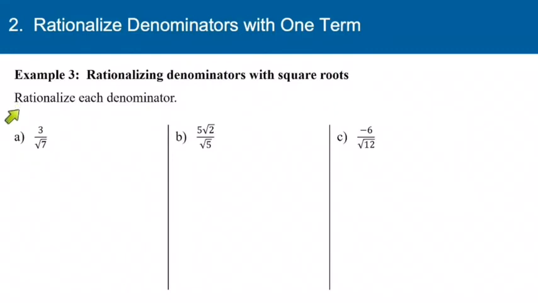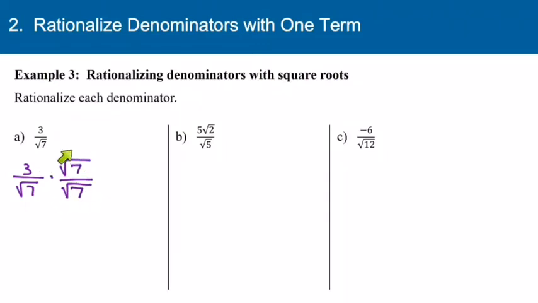So in example 3, it says rationalize each denominator. Remember, that just means write this fraction in a form where we don't need a radical in the denominator. So we have 3 over square root of 7. So we're going to eliminate this radical by taking advantage of the fact that square root of 7 times itself is just plain 7. But if I multiply the bottom by square root of 7, I also have to multiply the top by square root of 7.